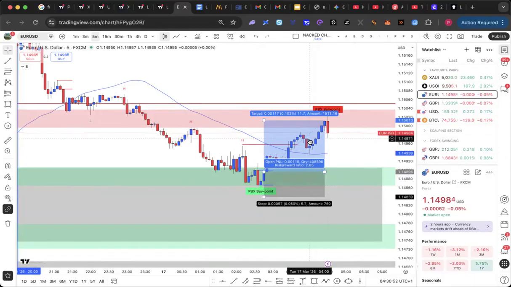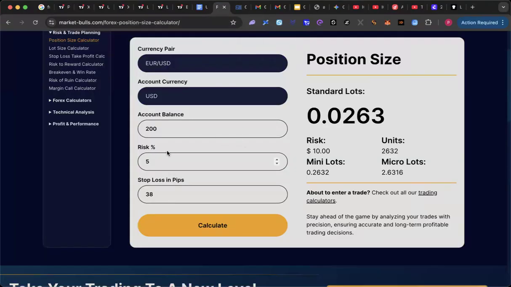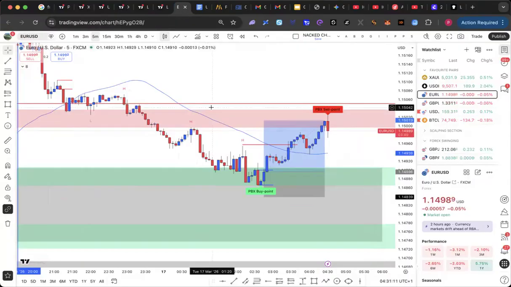That is using 5.7 to make how many? 11.7. So if this is your market, let's say, 6 pips, we're using 0.1667.